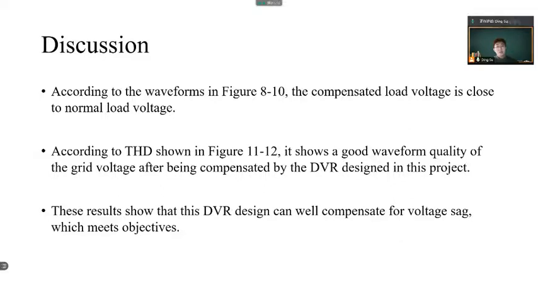The value is 1.17%. It shows a good waveform quality of the grid voltage after compensation by the DVR. These results show that this DVR design can well compensate for voltage sag, and it meets objectives.